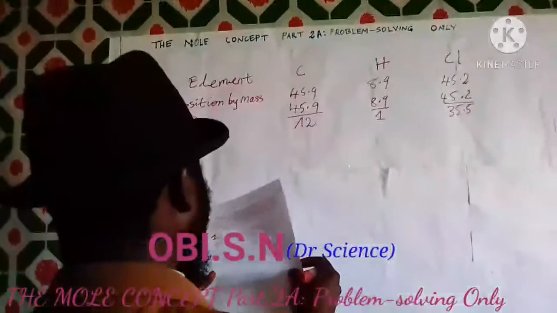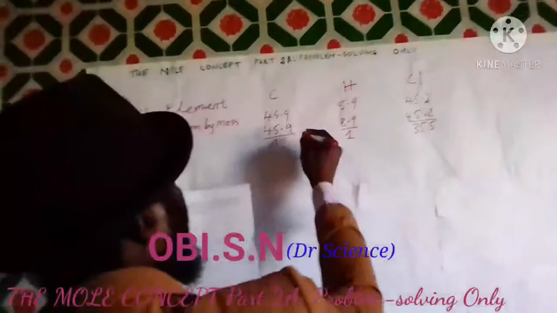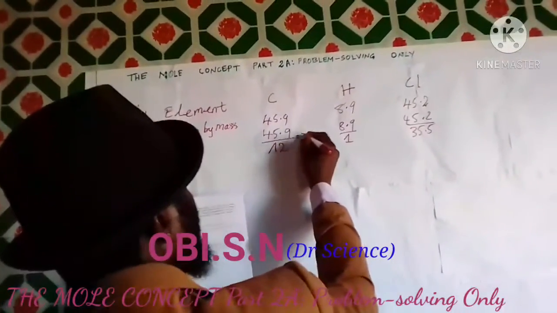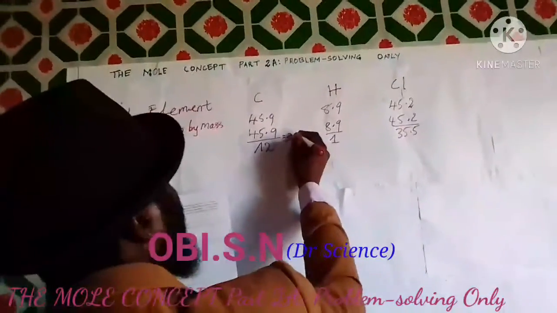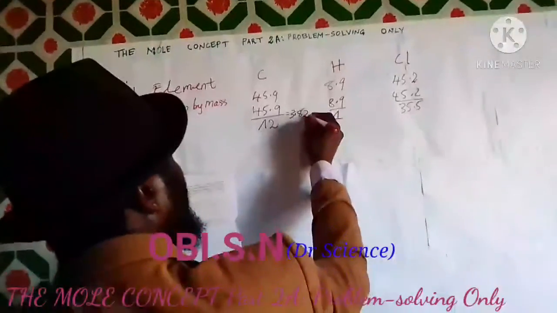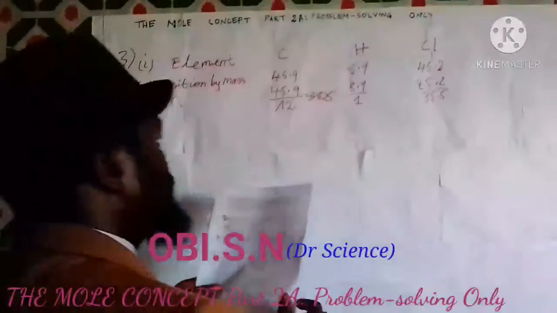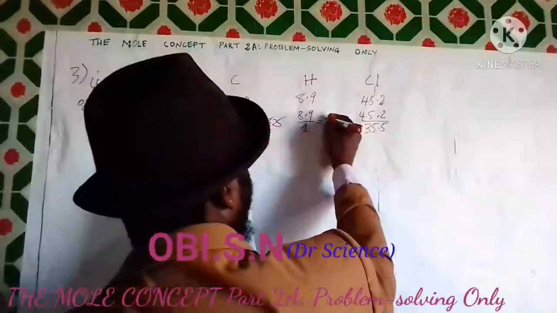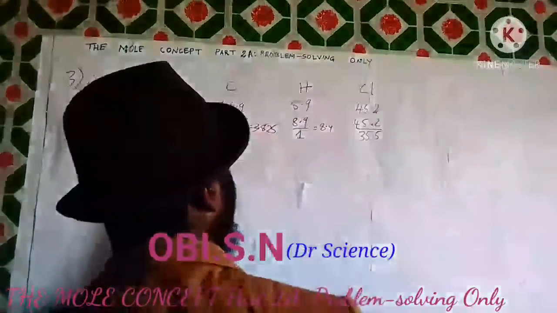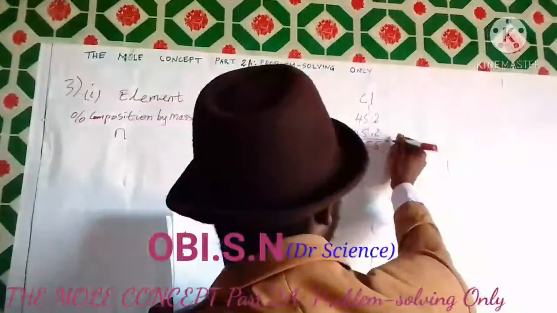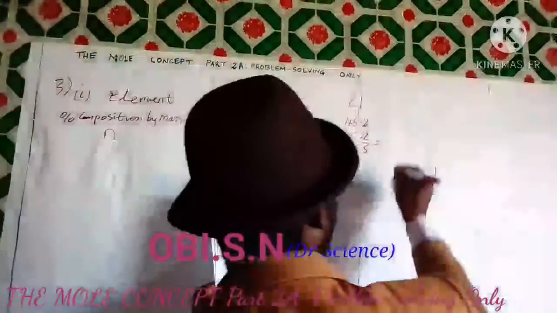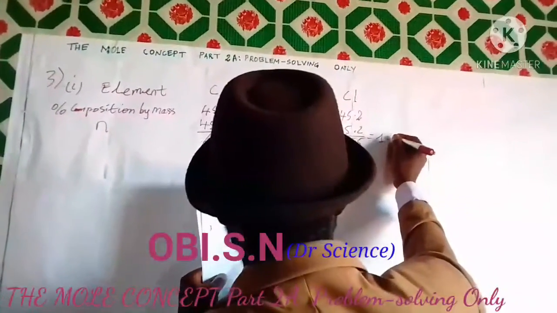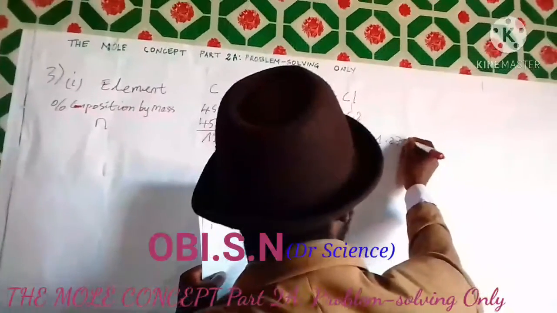This will get 3.825. And here we get 8.9. And finally, chlorine, we have 1.2732 moles.